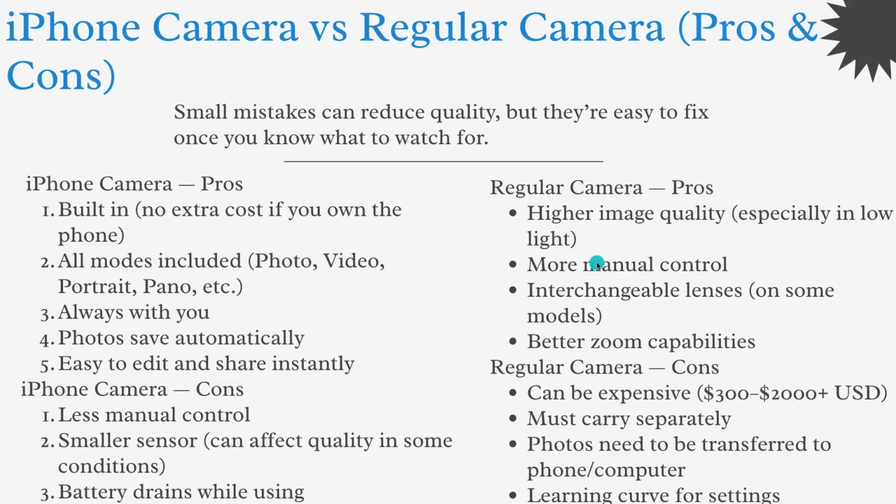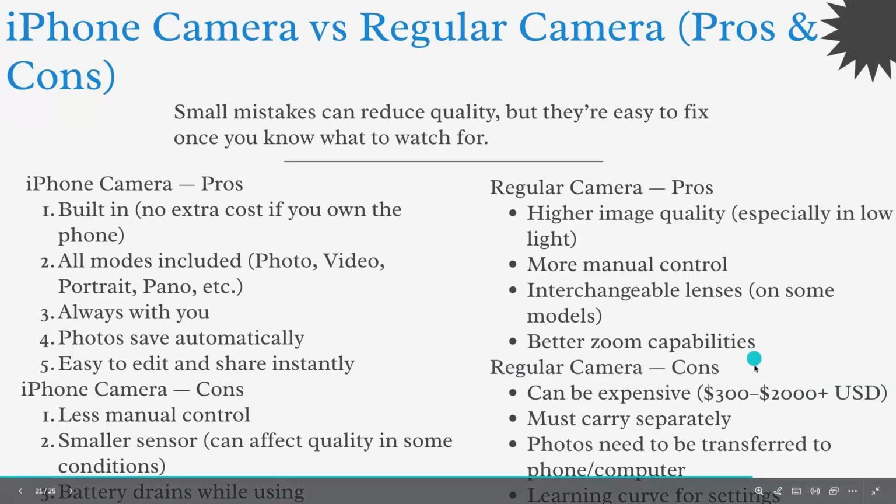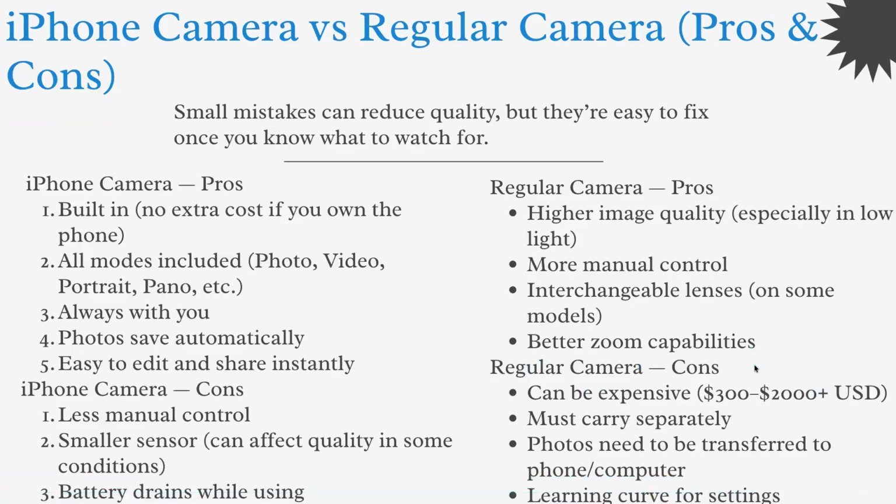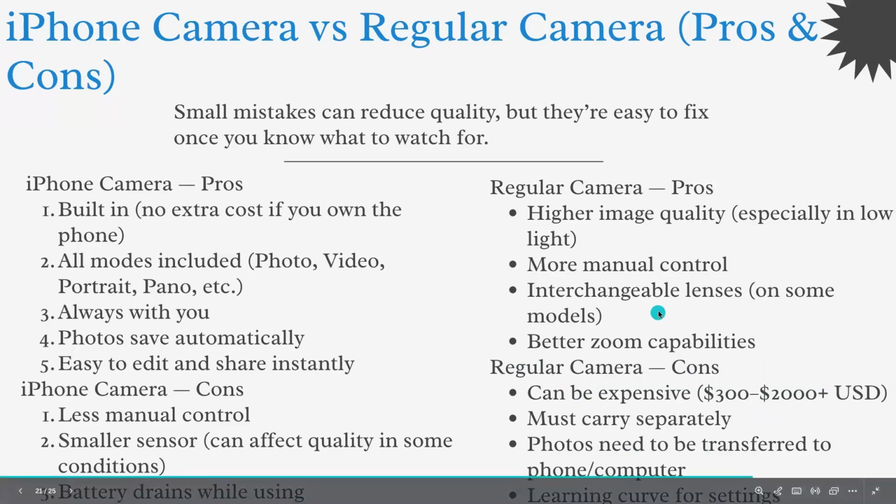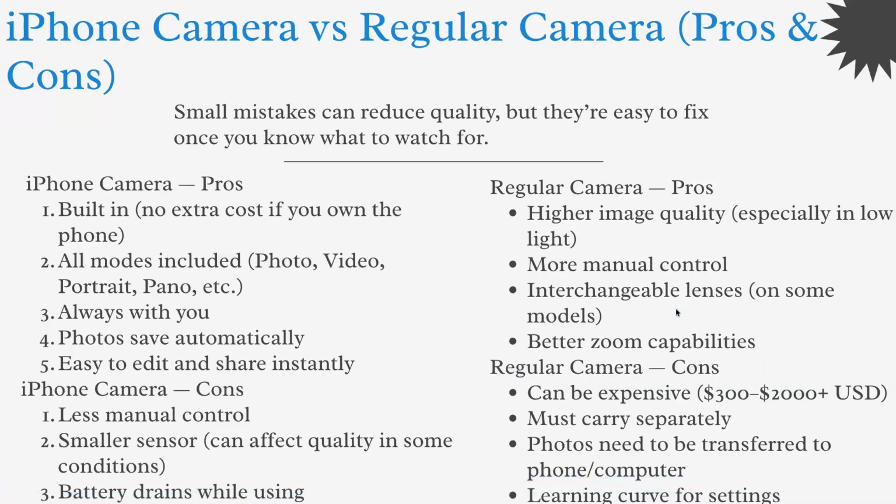First, you get higher image quality, especially in low light, more manual control, interchangeable lenses on some models, better zoom capabilities. Regular camera cons. First, they obviously are expensive, $300 to $2,000 USD. You must carry it separately. Photos need to be transferred to phone and computer, and there's a big learning curve for settings.